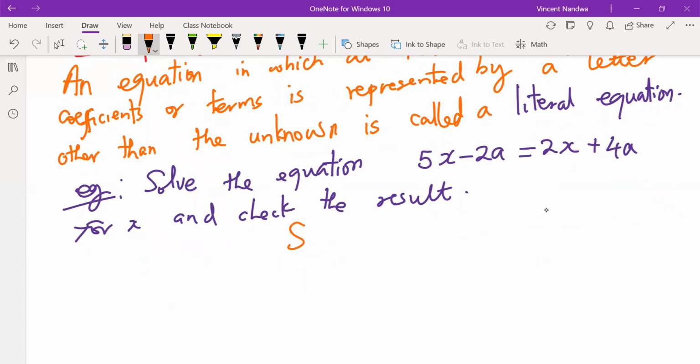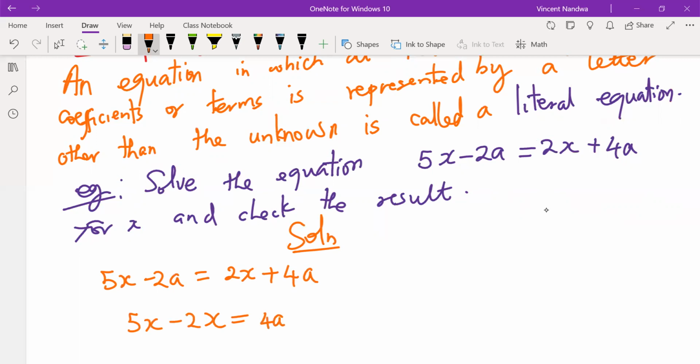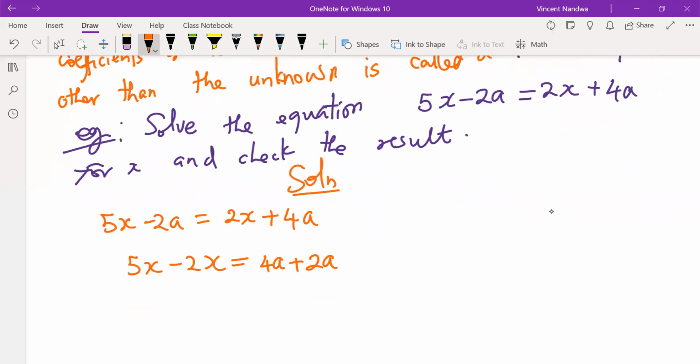So, solution: 5x minus 2a equals 2x plus 4a. We collect like terms, so we'll have 5x minus 2x equals 4a, now this will be plus 2a. 5x minus 2x is 3x. 4a plus 2a is 6a.